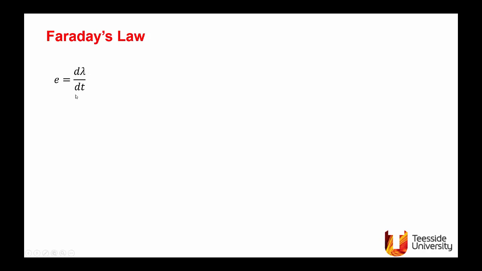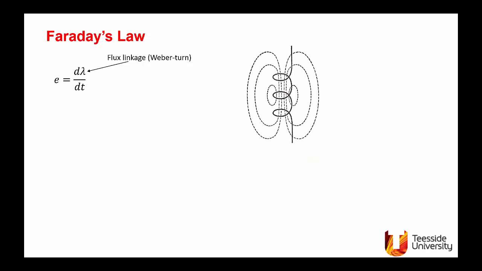We will derive it in a different format later, but Faraday's law states that the EMF, the voltage induced in a circuit, is equal to the rate of change of flux linking that circuit. Lambda here is flux linkage in weber-turns. And what we can do is we consider a coil like this one, and then what is that lambda?